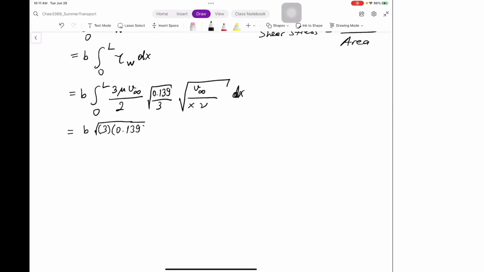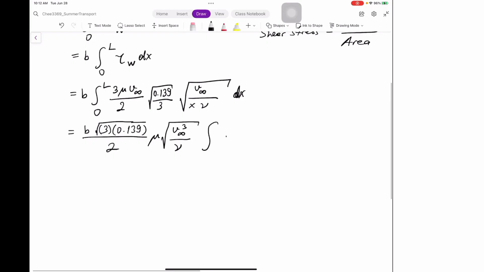I just combined this with this, to make it the 3 squared divided by 3, divided by 2, mu in parentheses, V infinity cubed divided by nu, times integral of x to the power -1/2, it's 1 over square root of x, right? From 0 to L dx.